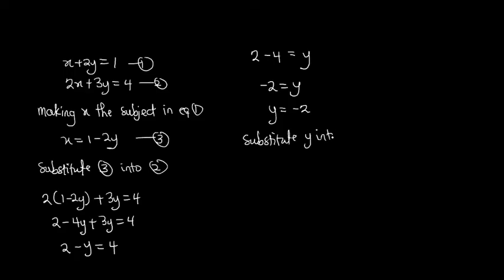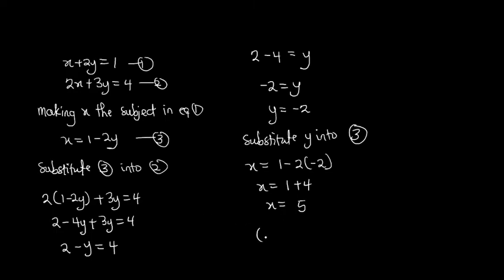Now that I have my value for y, all I need to do is substitute y into any of the equations, either equation 1, 2, or even equation 3. So I'll do that into equation 3, and then I'll have x is equal to 1 minus 2 into bracket the y now, which is negative 2 over here. So my x will be equal to 1, negative 2 multiplied by negative 2 will give me positive 4, so it becomes 4, and therefore x is equal to 5.